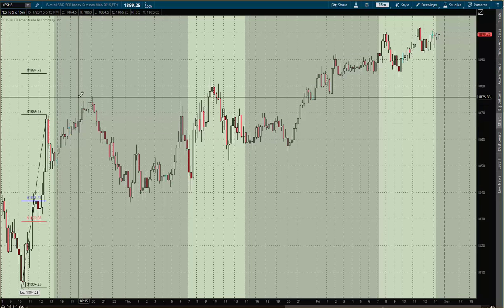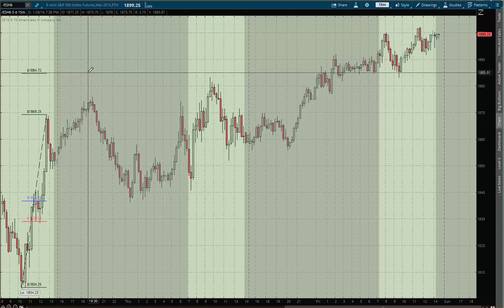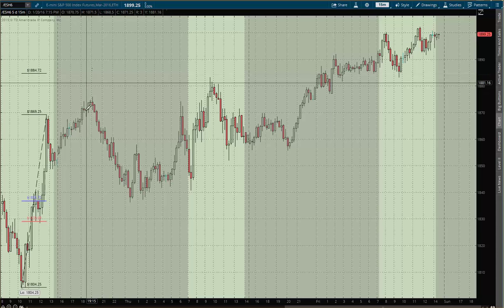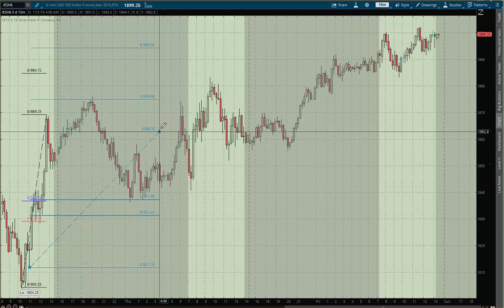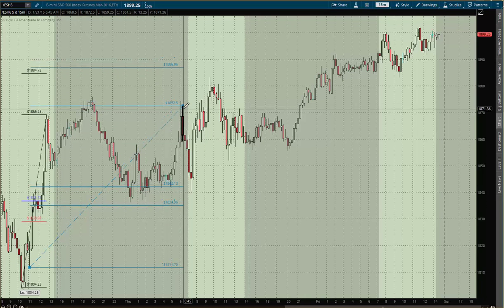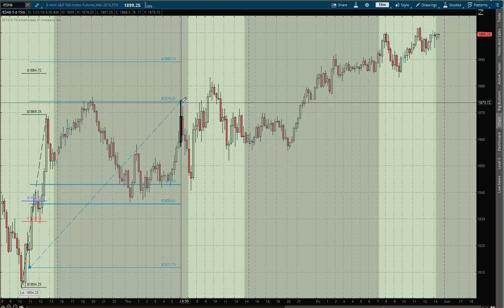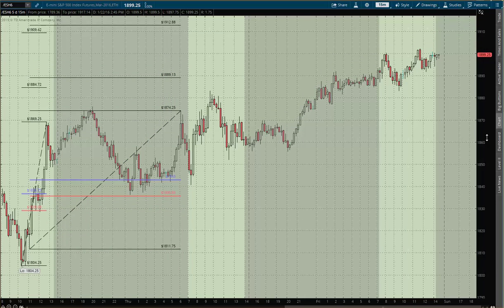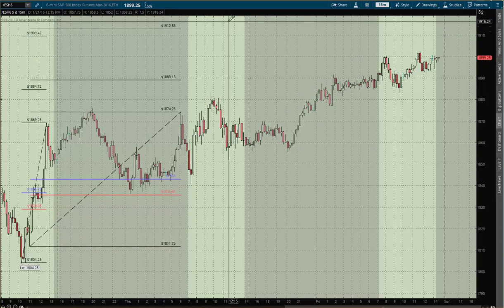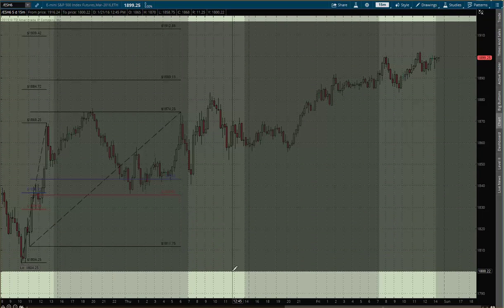But we spent a lot of time before we made it into this first target. So I want to illustrate that same helper that I did in the 4-hour, which would be from here to here. And I want to pull this drawing down a bit so that I'm showing the first and second targets of both of those moves like we did before.